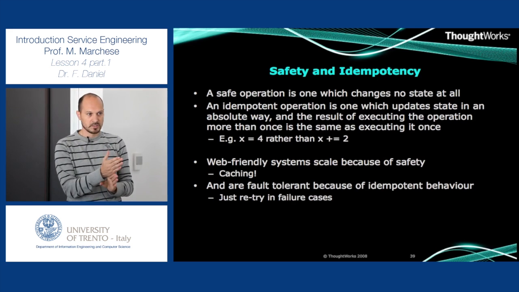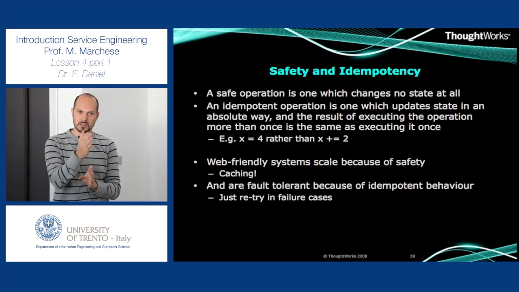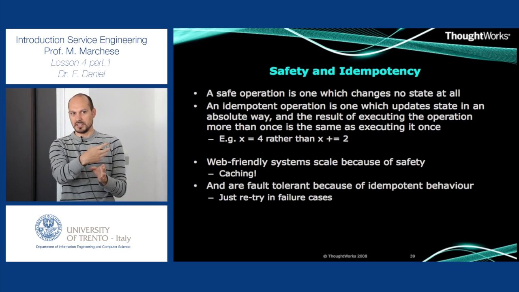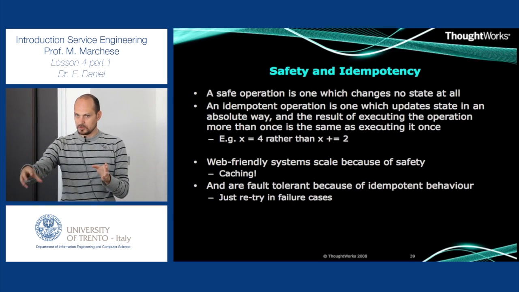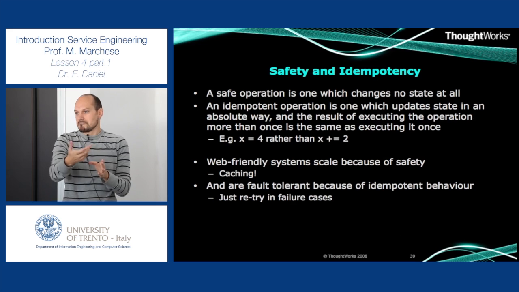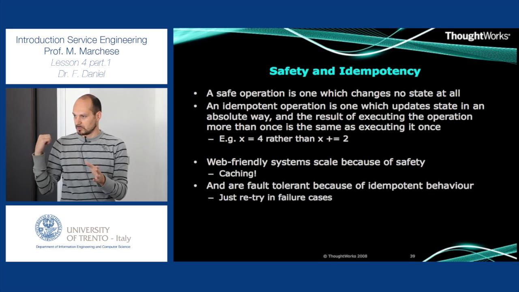So if you send a post message to one URL, the server will, in our case here, take the piece of XML, create a new resource for it, and send you back a URL. If you do the same post again, the server will probably not understand that this is exactly the piece of XML you sent before.